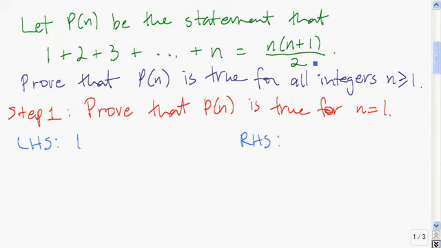Then on the right-hand side, we're going to plug 1 in for n. And so that's equal to 1 times 2 divided by 2, or 1. So we see that the left and the right-hand side of this are equal when n is equal to 1. Therefore, P of n is true for n equals 1. Okay, so we check that off.